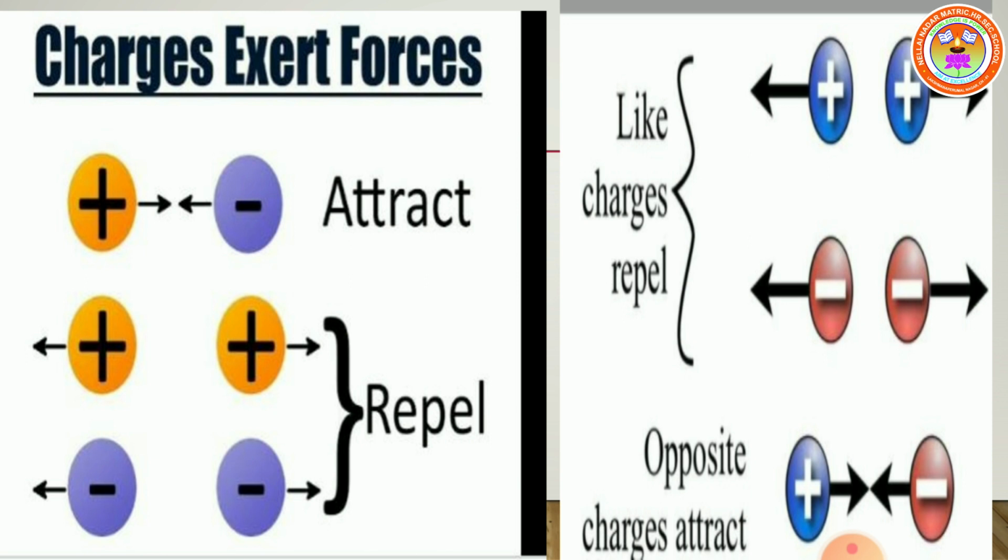Positive and positive charges repel. Negative and positive charges attract. So, unlike charges attract each other. Like charges repel. Minus and minus repel. Electrons and electrons repel. Protons and protons repel. Electrons and protons attract.